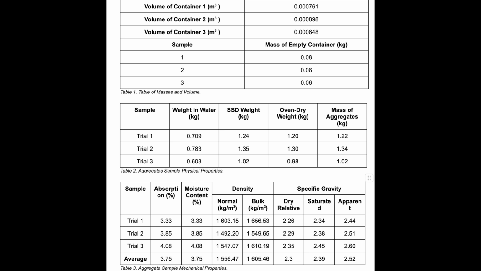This experiment is important in civil engineering because it ensures that only quality aggregates are used in construction. Testing helps prevent structural issues caused by poor material, ensuring strength, durability, and long-term performance of concrete in real-world applications.